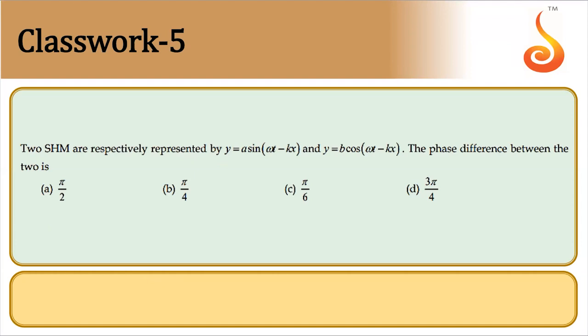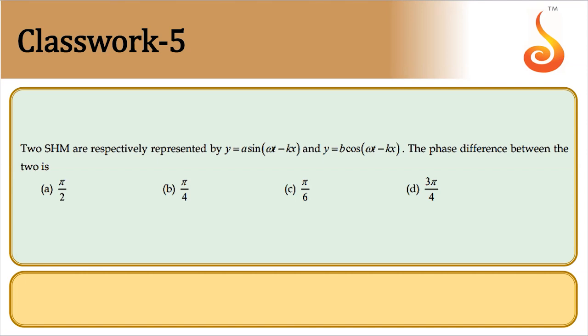Two SHM are respectively represented by y equals a sine of omega t minus kx, y equals b cos of omega t minus kx. Phase difference between the two is, see, one thing, you should first make both of them the same function.